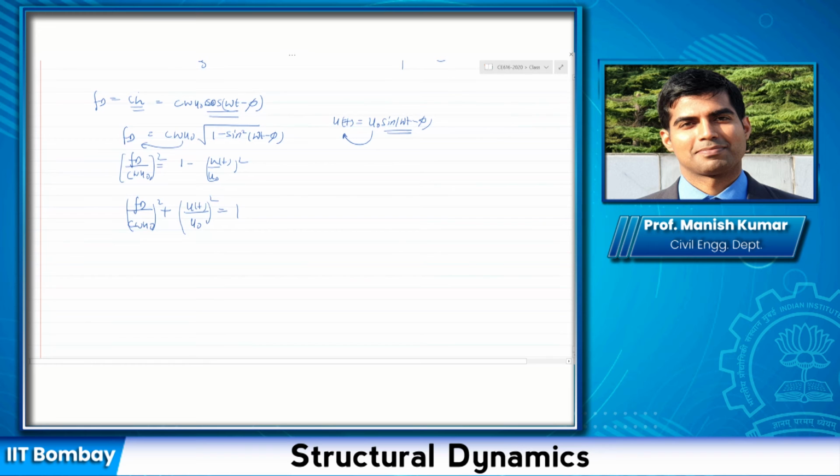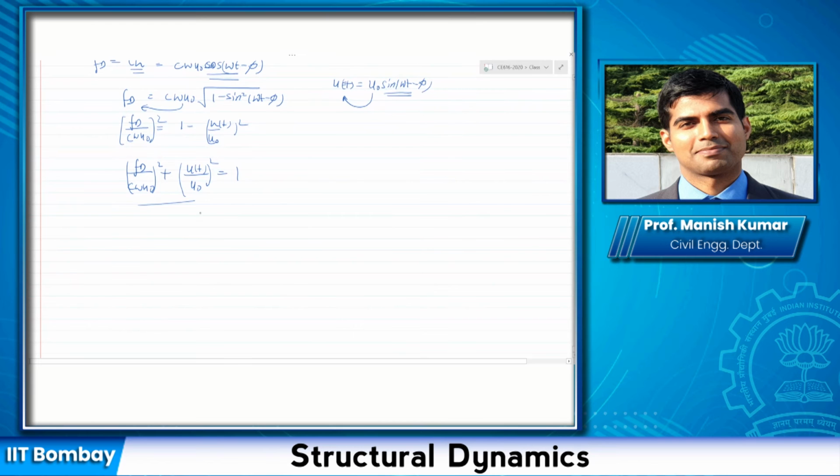Now, as you would know from your mathematics class, this is nothing but an equation of an ellipse, right? So if I consider the variation of the damping force, it is actually an ellipse, with intercepts for FD and U as this.